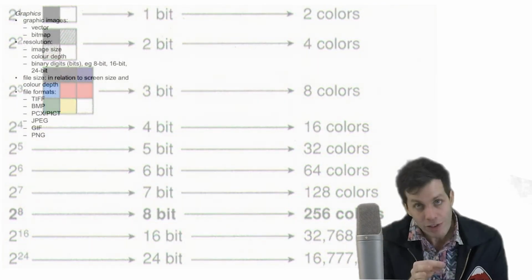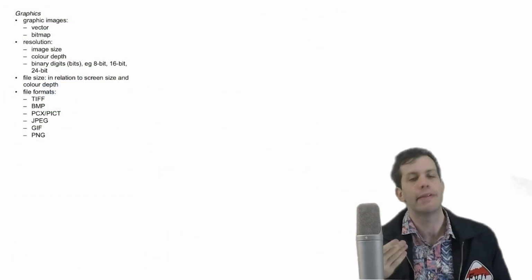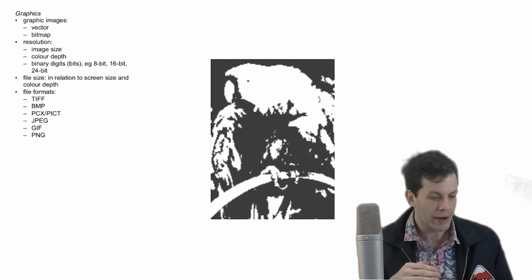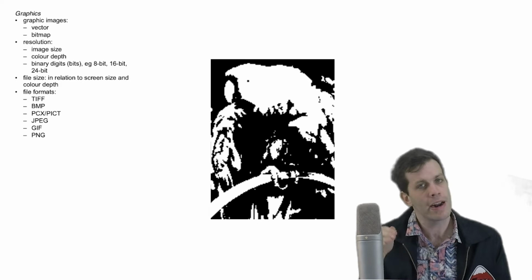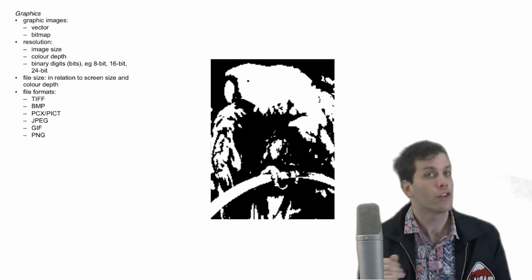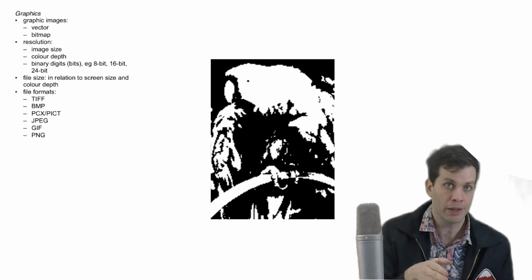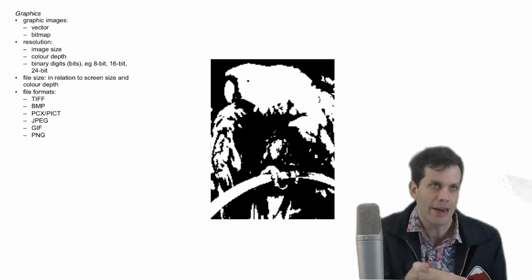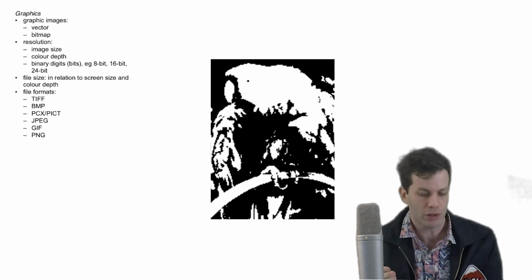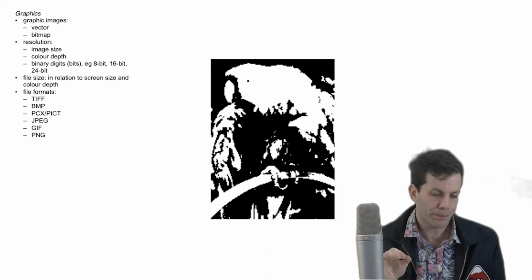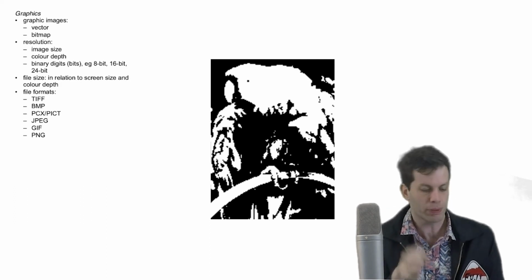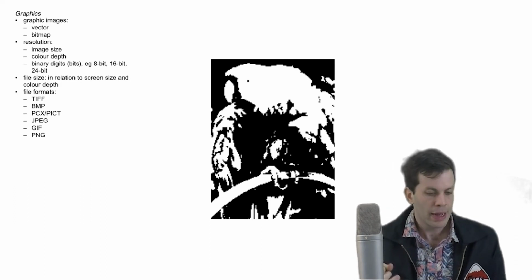But each pixel can also contain different amounts of data. So if you've got, for example, a 1-bit image, it's capable of showing 2 colors, either black or white, or red or white, or any 2 colors, off and on. So you get this black and white look to it. Okay? So we can only show 2 colors in our image. So it's pretty low quality.